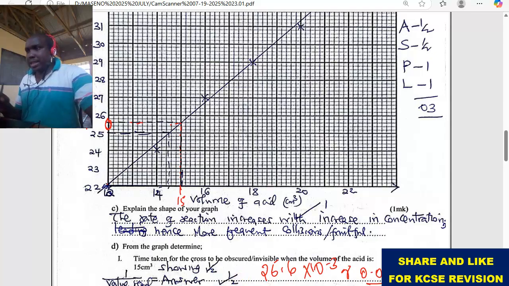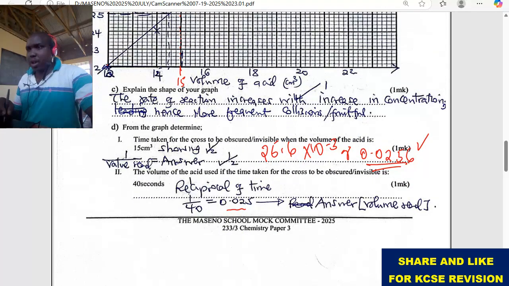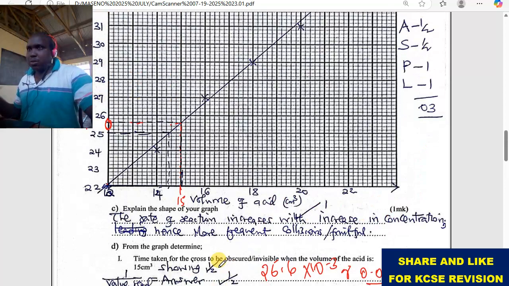Now you need to read the volume at that point. So for our case, 0.025 is simply 25 times 10 raised to power negative 3. So we go to where we have the rate at 25. Then you draw a dotted line across, you come down, and then you read the volume here.